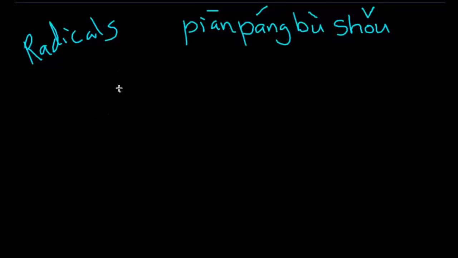So let's take a couple characters that are pretty standard and pretty basic. And I'll put these on here, and we'll take a look at each of the different parts. This is 好.